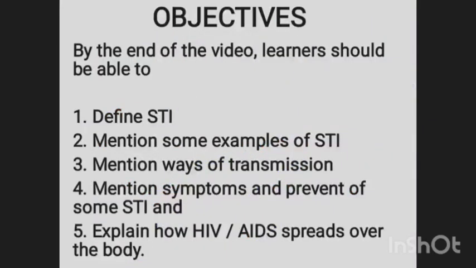Now, the objective of this lesson is that by the end of this video, learners should be able to, number one, define STI, which is sexually transmitted infections, mention some examples of STI, mention ways of transmission of STI, mention symptoms and prevention of some STI, and explain how HIV AIDS spread over the body.